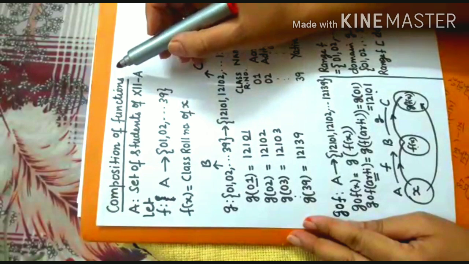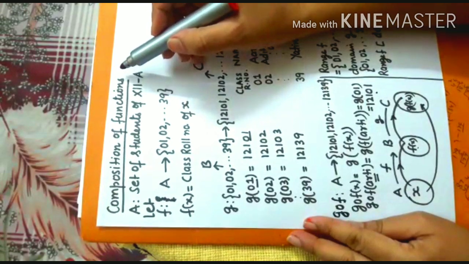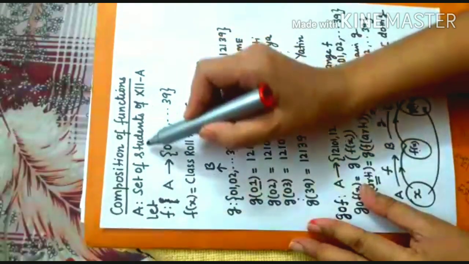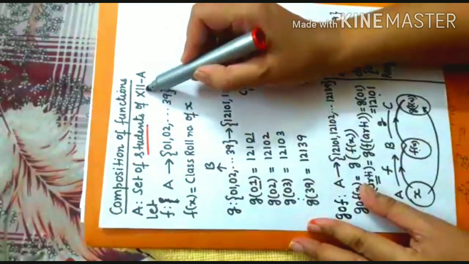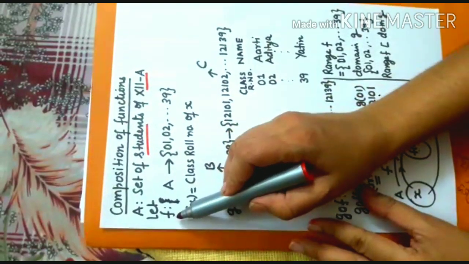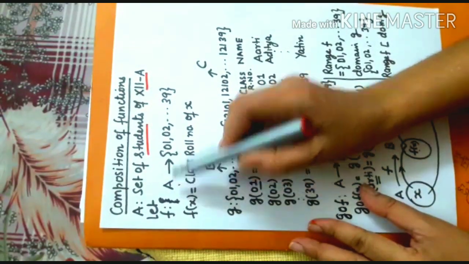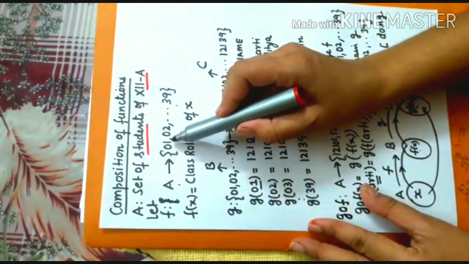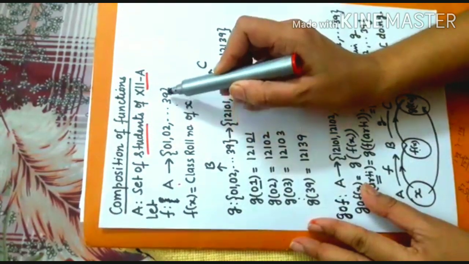Let's take another example of composition function. Let A be the set of students of 12th A and F be a function defined from A to this set with elements 01, 02 and so on till 39.